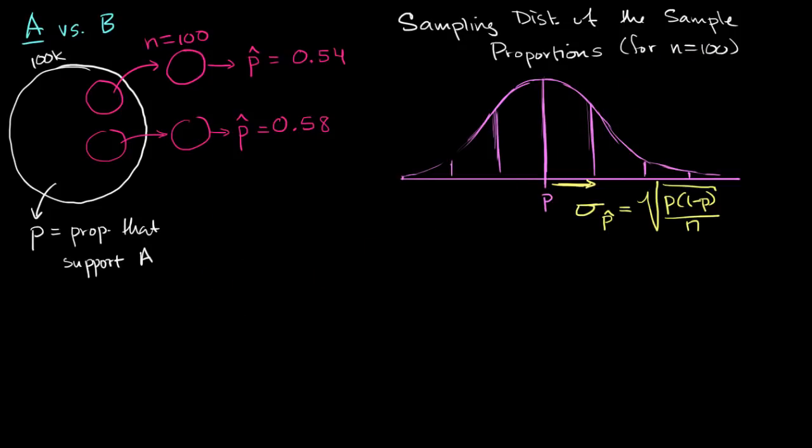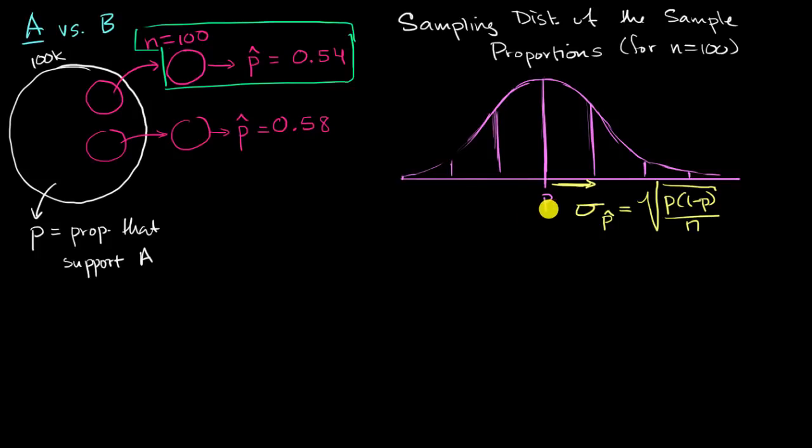And so in this first scenario, and let's just focus on this one right over here, when we took a sample size of n equals 100 and we got the sample proportion of 0.54, we could have gotten all sorts of outcomes here. Maybe 0.54 is right over here. Maybe 0.54 is right over here. And the reason why I have this uncertainty is we actually don't know what the real population parameter, the real population proportion, is.